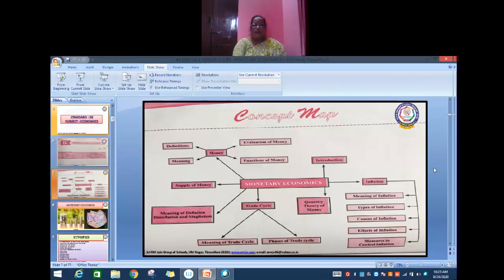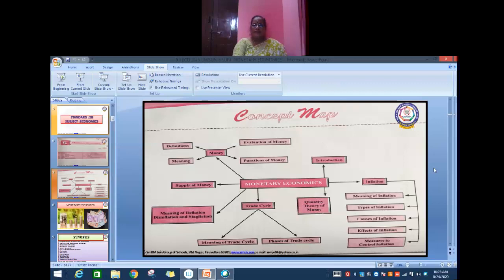Also we have completed Quantity Theories of Money. In that we have completed Irving Fisher's, Alfred Marshall's cash balance theory and Keynes' quantity theory of money.